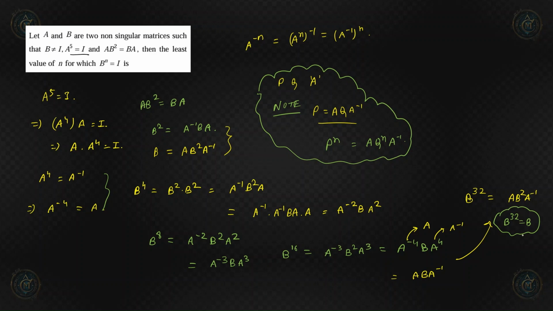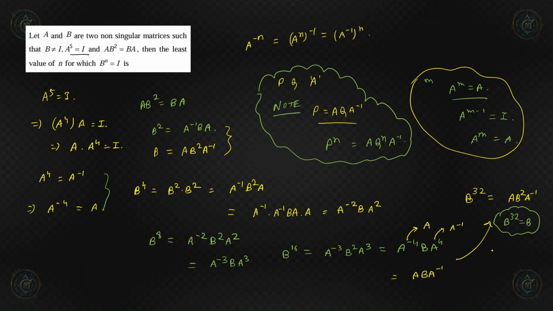Now tell me, if I have, let's say, the smallest number m for which A to the power m equals A itself, that means what? This A to the power m minus 1, the previous power of this matrix, should be equal to the identity matrix, right? Then only we can say that multiplying this equation with A will give us A to the power m equal to A. So in this case we can use this fact.